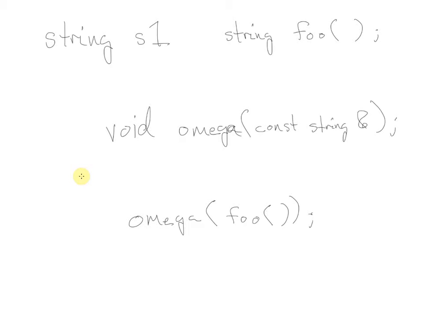So don't let them manipulate the temporaries with mutable references. That was the logic pre C++11, but there was some demand for wanting to be able to write this type of code here, and manipulate the temporary data returned by foo within the omega function.